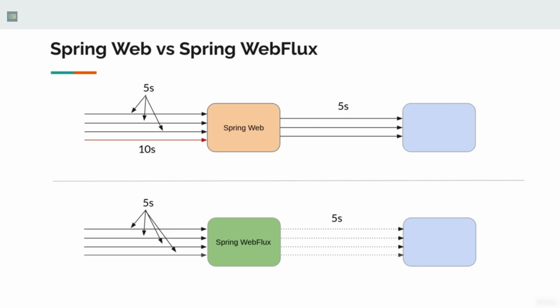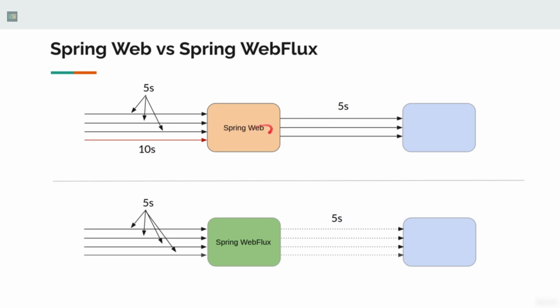Now, what will happen when you have 4 concurrent requests, when there are 4 users sending the request to your application? You get 4 requests, but you have only 3 threads in your thread pool. So, you use the 3 threads from your thread pool to send the request to this service. So the threads are basically blocked.